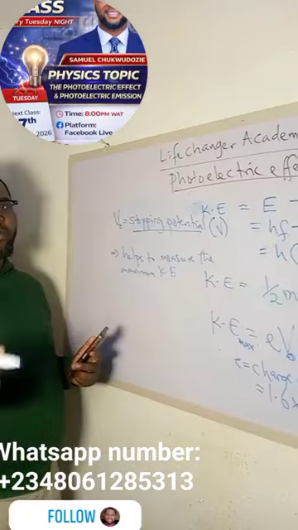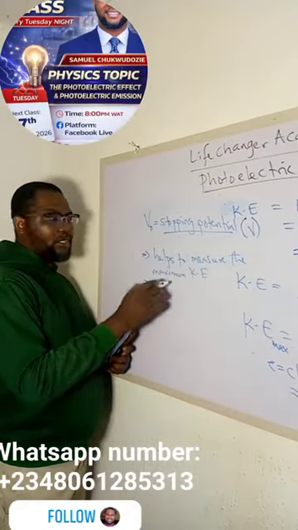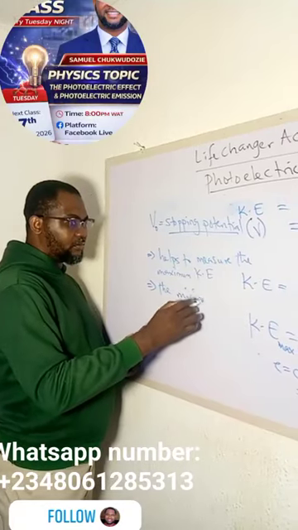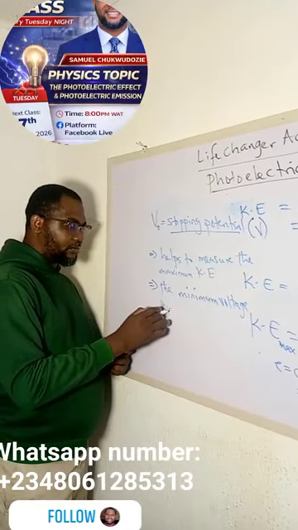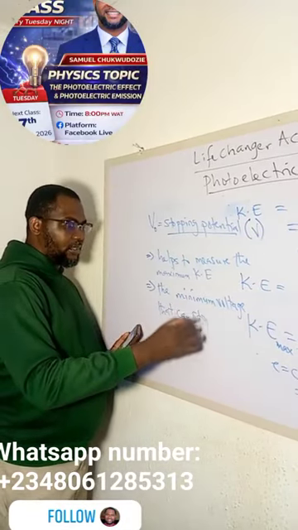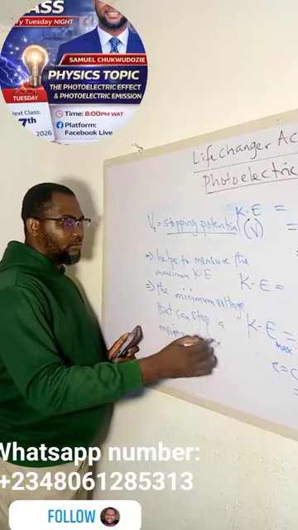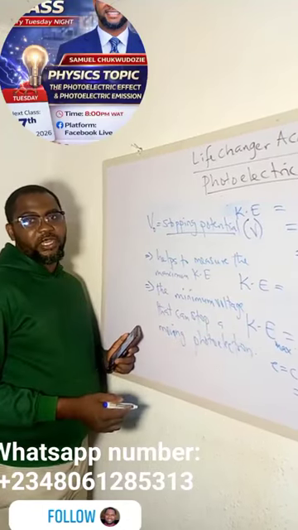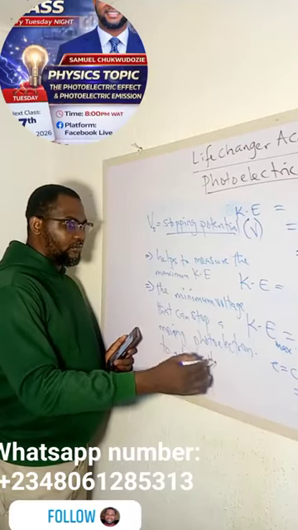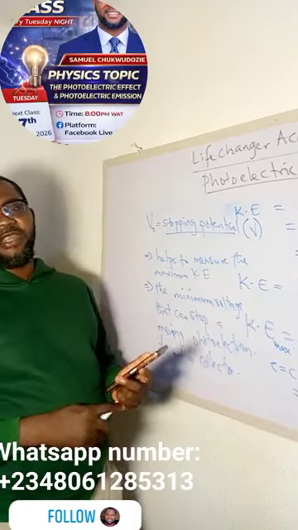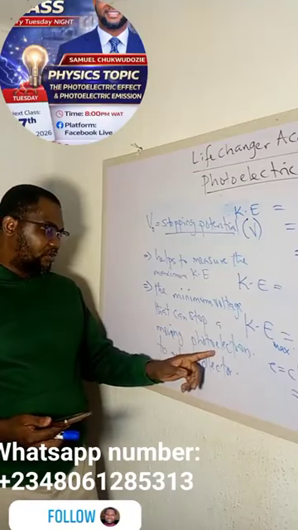Then secondly, I would like to say that stopping potential is the minimum voltage that can stop a moving photoelectron.